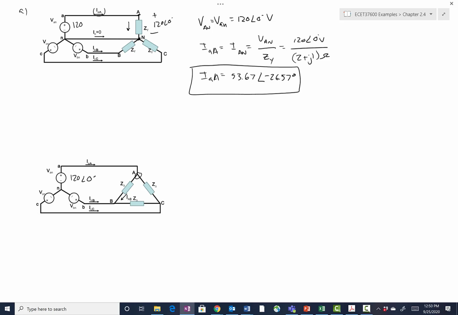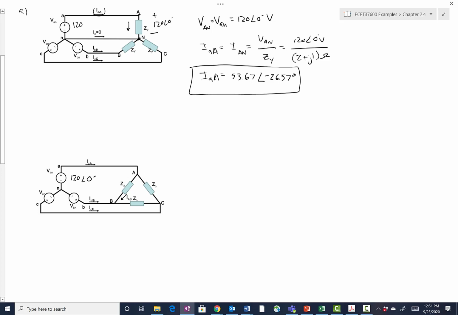So what we need to figure out is what the voltage across capital AB is, VAB right there. If we know that, we can determine what IAB is. And once we know IAB, we can use the relationships developed in the text for delta Y to figure out what IAA is. So there is some line to line and line to neutral conversions here.